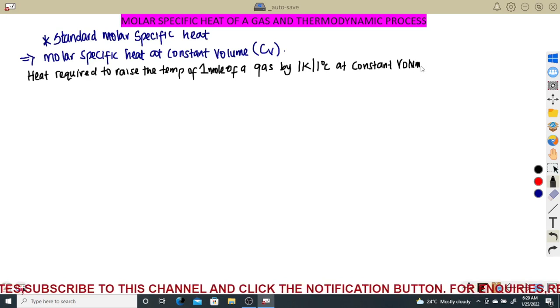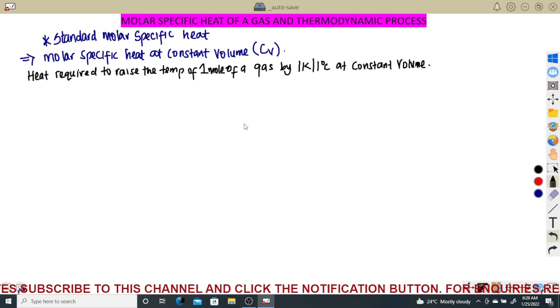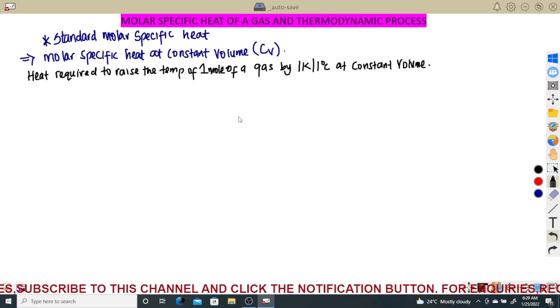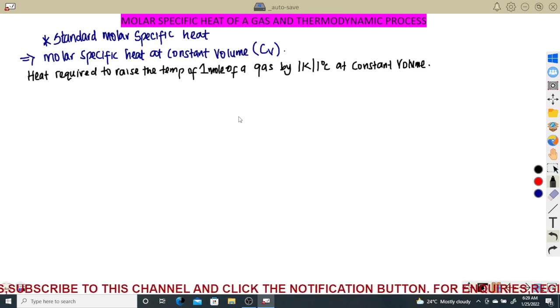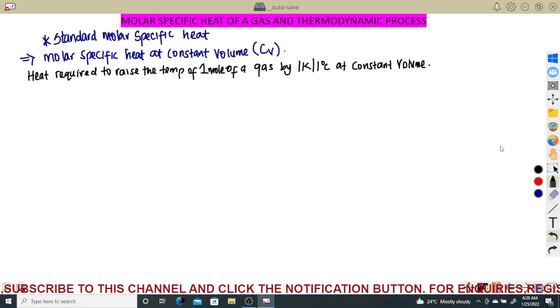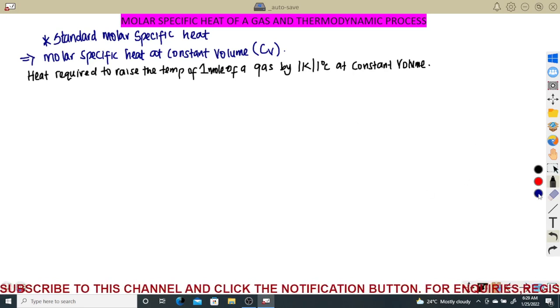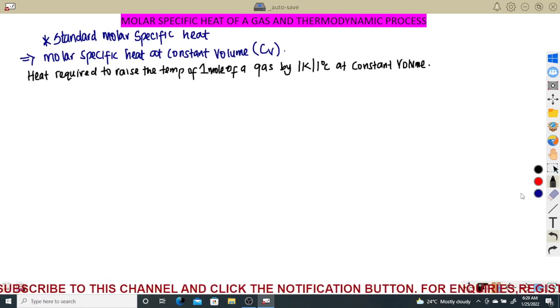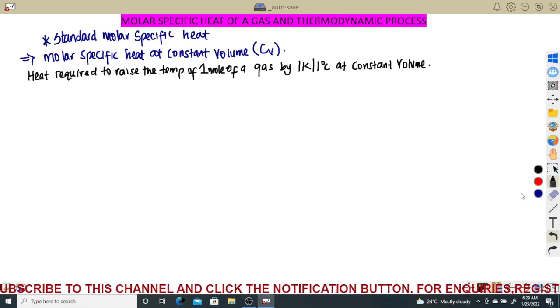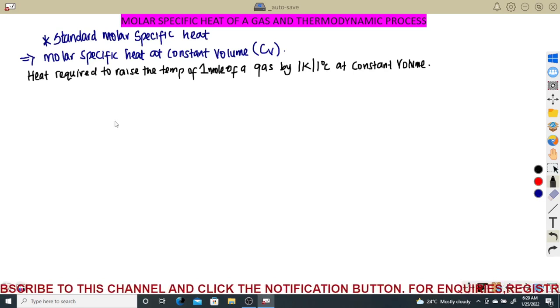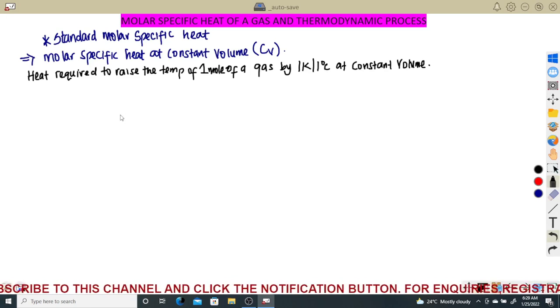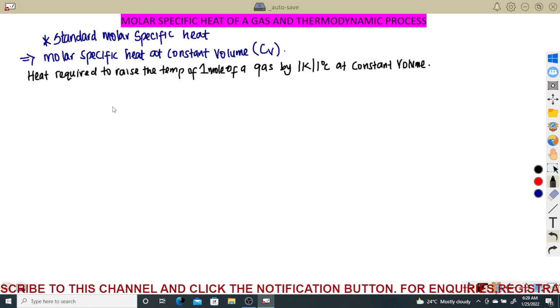So the molar specific heat of a gas can be at constant volume, which is the first definition we give to standard molar specific heat capacities. For now, I will only limit ourselves to what is required in your syllabus. I will not talk too much about things that are not required.